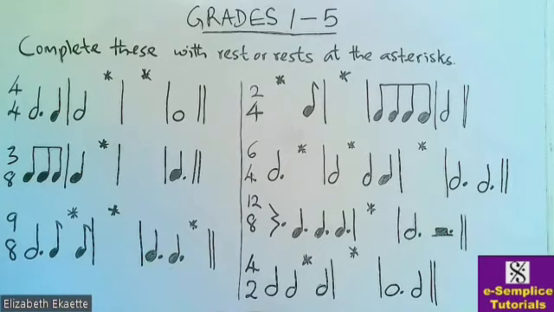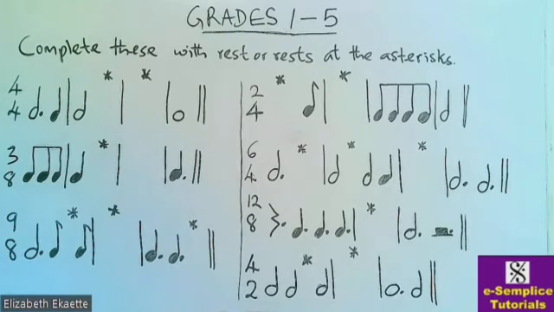You see, each of the questions has some asterisks. Now, let's see how we can complete these using rest or rests, meaning at each asterisk, you can have more than one rest. So let's quickly go through these together.